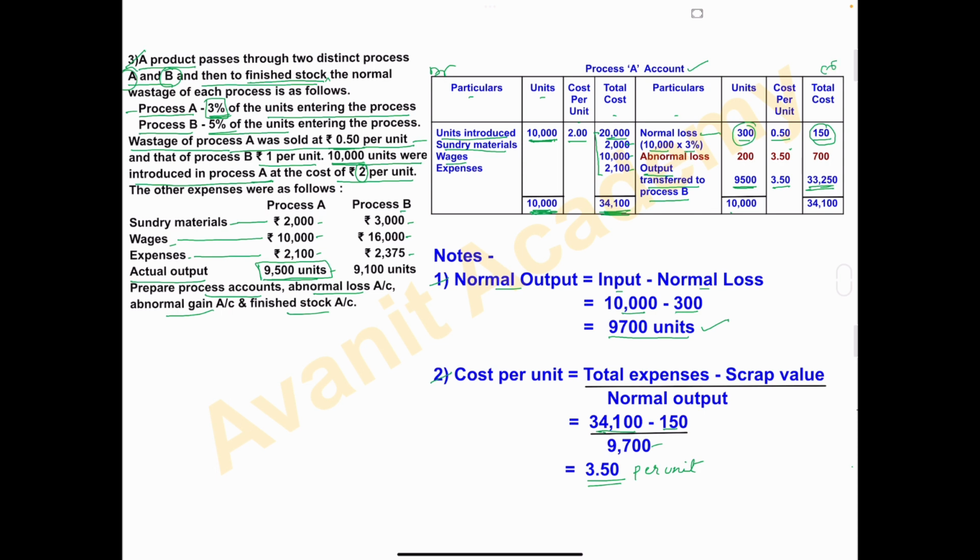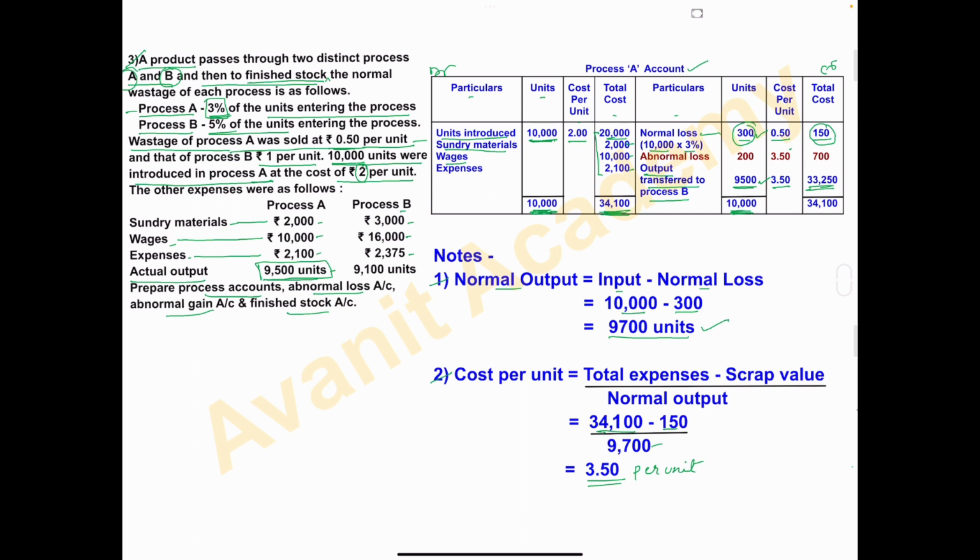Credit side, 10,000. Okay, from 10,000 minus 300 and minus 9,500, and you will get the difference of 200 units. Correct?